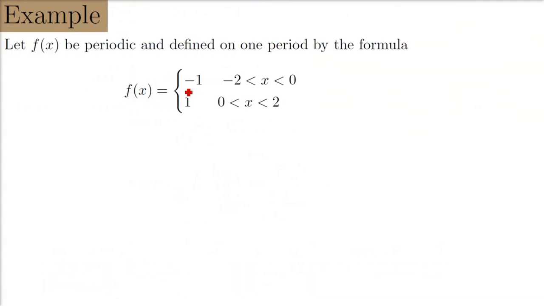Now this is the example. Let us say that fx is a periodic function and one period is defined by this expression. This is piecewise linear. We are dealing with a periodic function, piecewise linear, and then we are going to integrate it to see what the Fourier series says.